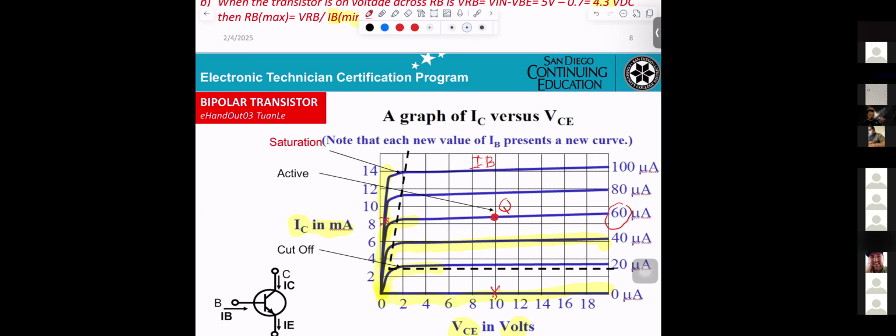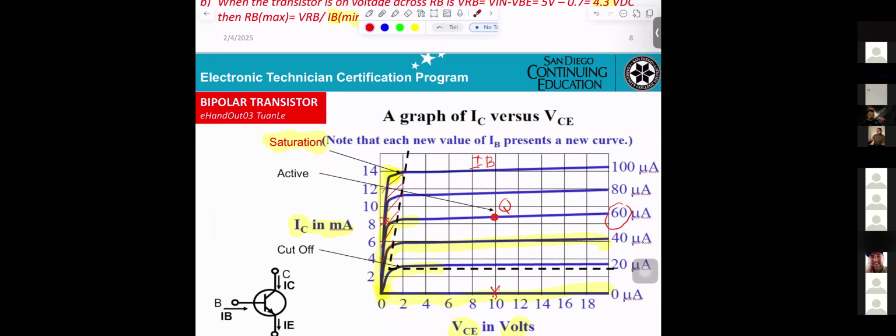And in here, they show you three areas. This area right here is what they call saturation. If you get a point right at this point, it will be saturated.